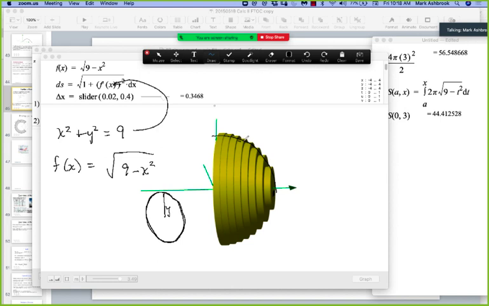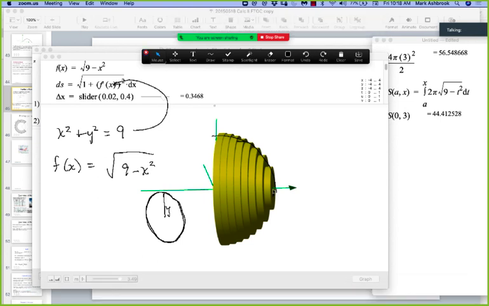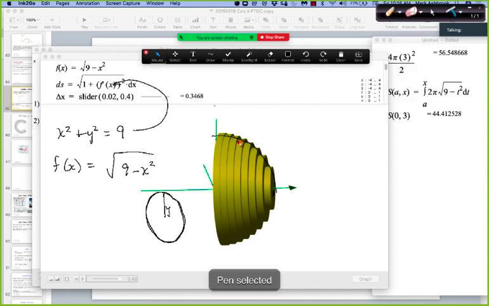Along these ribbons. I wish I had a different color. Let me try red. We were increasing what? Along dx, right?